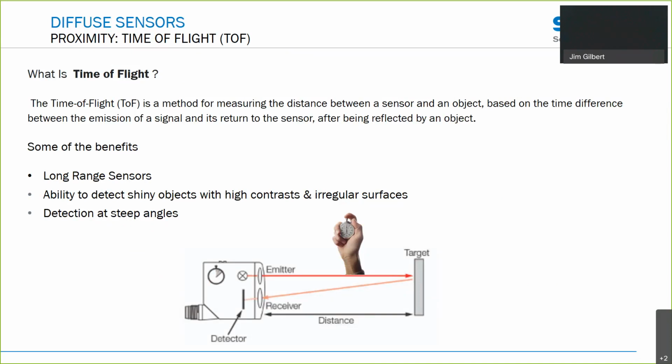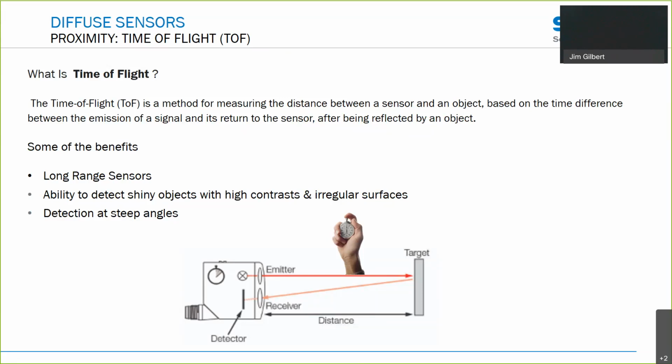You're also able to detect shiny target objects, even though they might be at some angles that background suppression sensors could not detect, and objects that are presented at steep angles. It might be a cardboard box, or it could be a tire. These things are all able to be detected very well by time-of-flight sensors. So those are some differences.